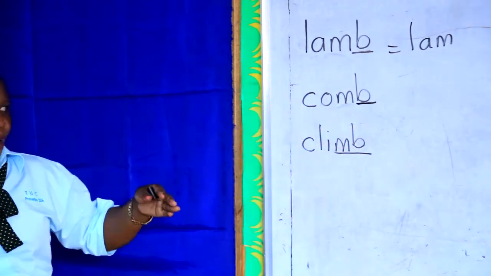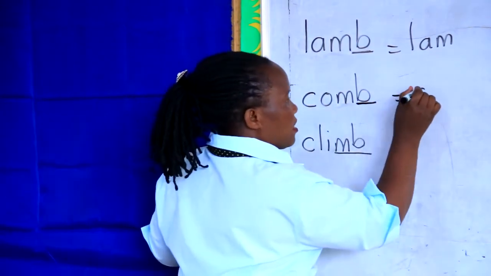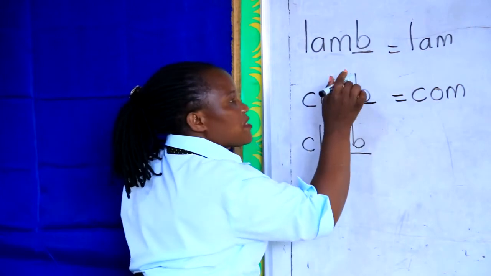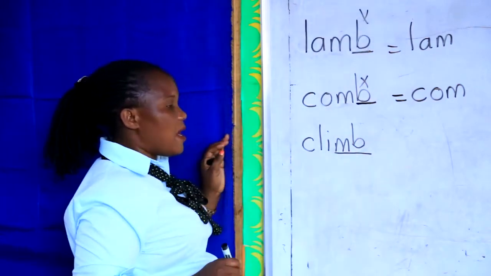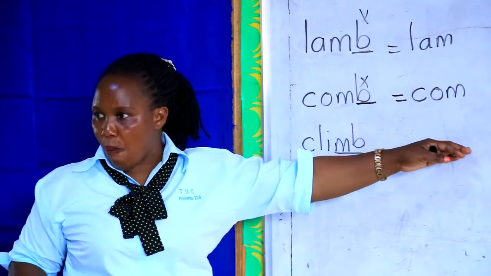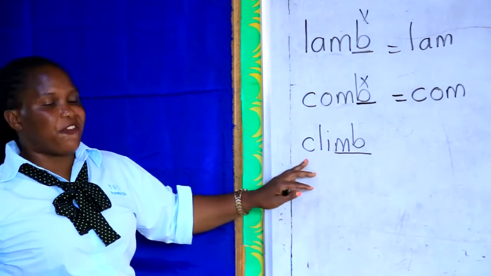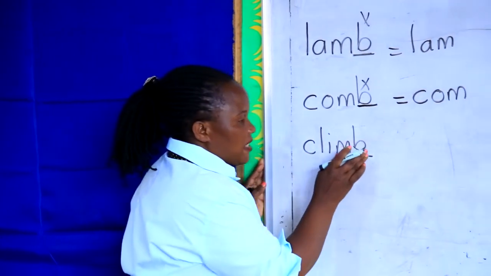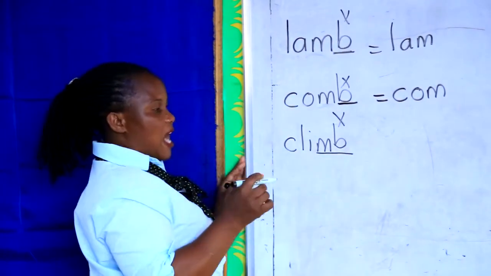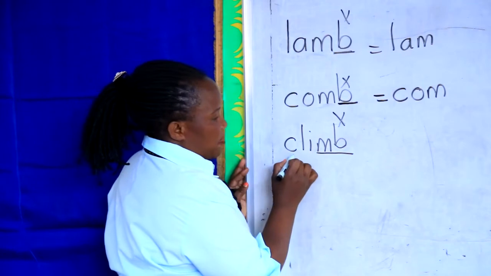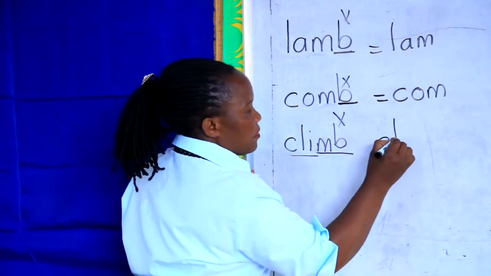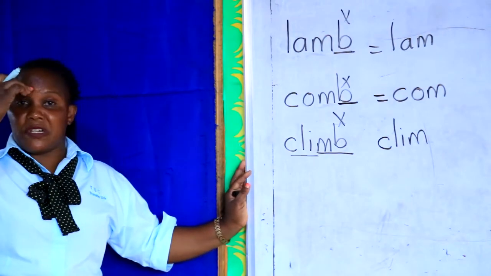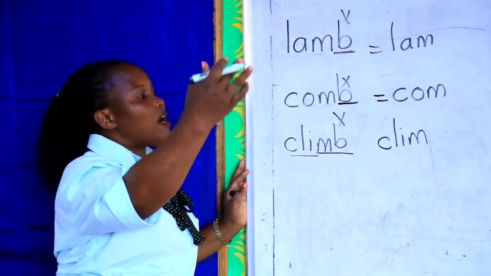And with climb, very many people sound the B, but the B dies and we only pronounce the rest. We say climb. We say I'm going to climb a tree.